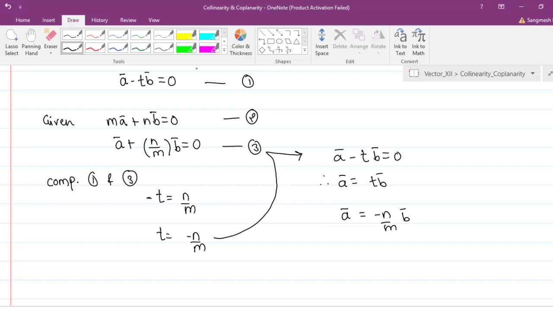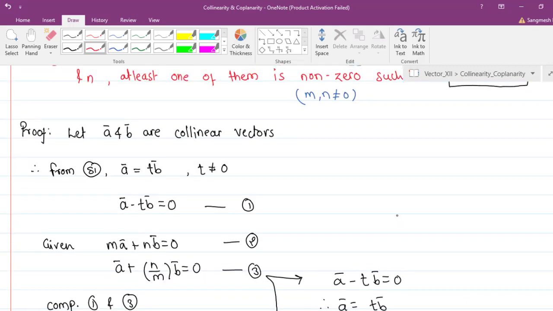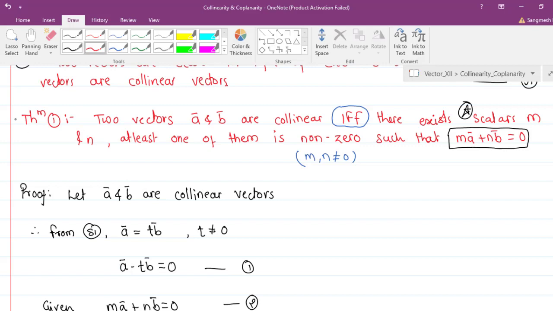This is nothing but a scalar multiple. Because of this scalar quantity, a bar and b bar become scalar multiples of each other. That's why this statement is proved. So this theorem number 1 statement is proved here.